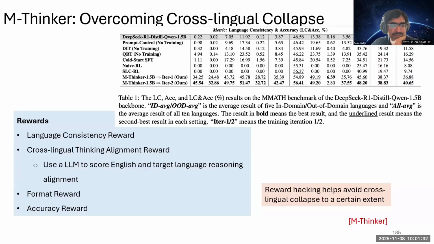And finally, they have the format reward. We want the reasoning trace to be within think tags. Now, what if the LLM doesn't follow that particular format? We want to penalize it, so for that, you have the format reward. What they claim is that having all these reward mechanisms helps not only boost the performance on the downstream task, which can be seen in the table, but also improve the language consistency performance. Moving on to the next slide.